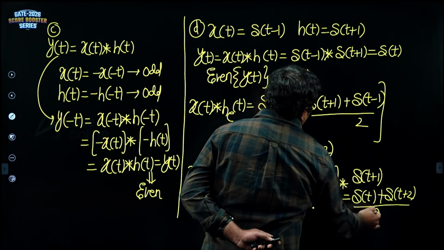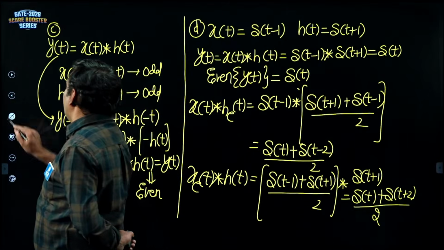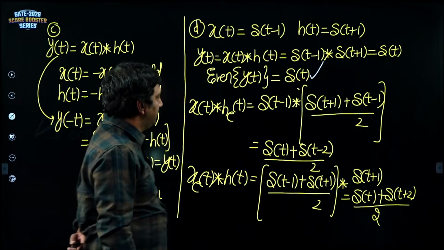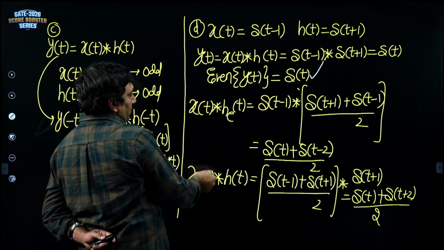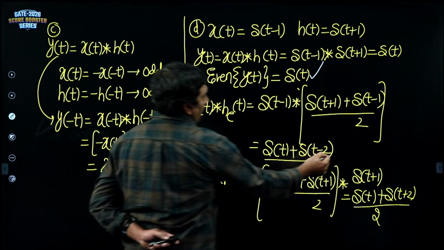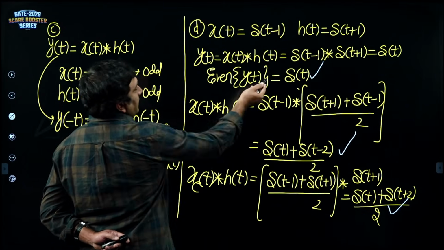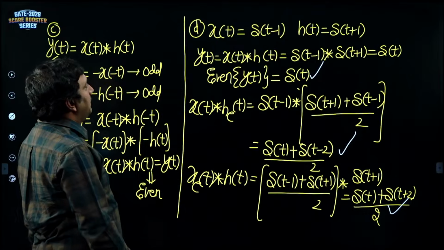Just observe the board. We got the even part of y(t) as this. That fellow is saying the sum of these two is equal to the even part of y(t), which is a failure. When you add these two results, it is not equal to the even part of y(t).